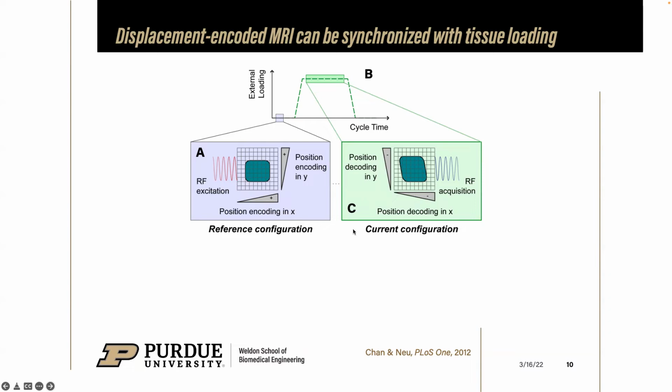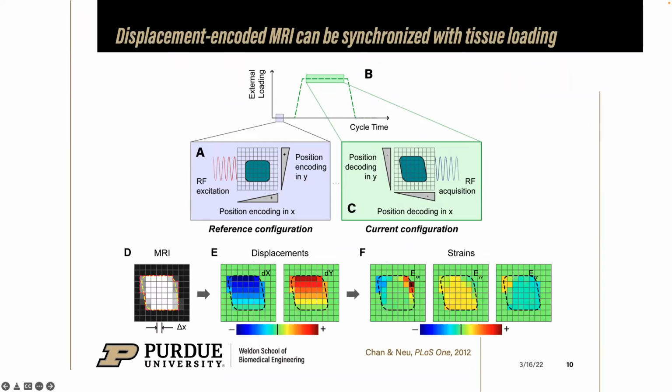However, when you have a proton that changes in position, right, you have either a net gain or a net loss in terms of the phase. And that gain or loss in phase correlates directly to the net change in displacement in the X direction if we turn the X gradient on, and in the Y direction if we turn the Y gradient on. And that's essentially your 5-second primer there of how displacement encoded imaging works.